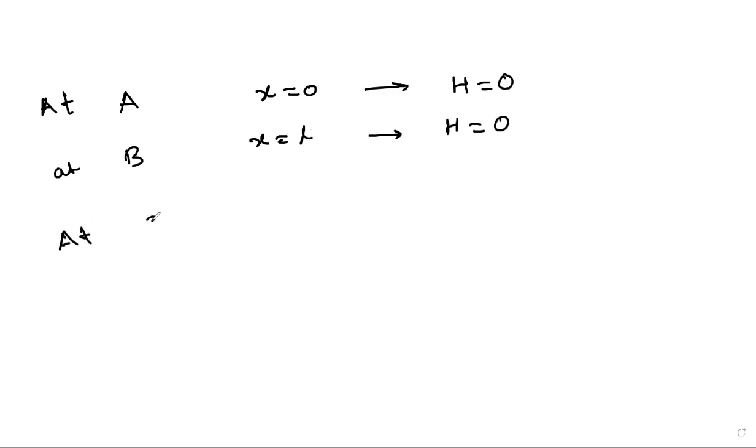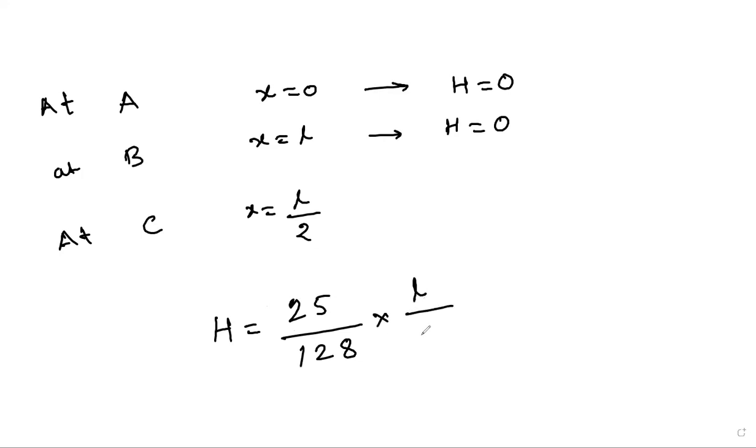Then at C, X is equal to L by 2. If you simplify the previous equation by putting W equal to 1 kilonewton, your applied load, and putting X as L by 2, then after simplification you get H equal to 25 divided by 128 multiplied by small l divided by h.